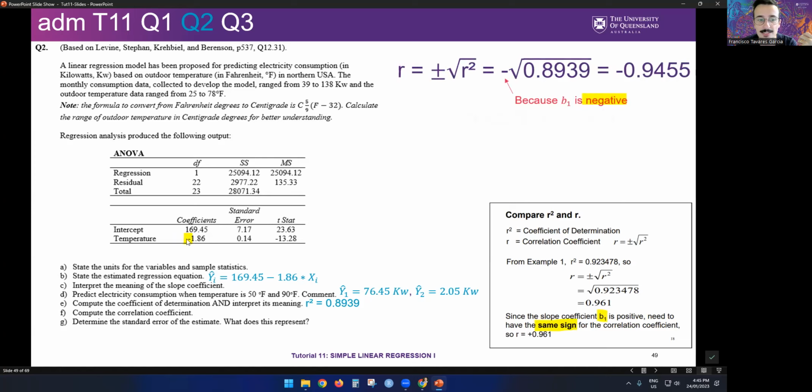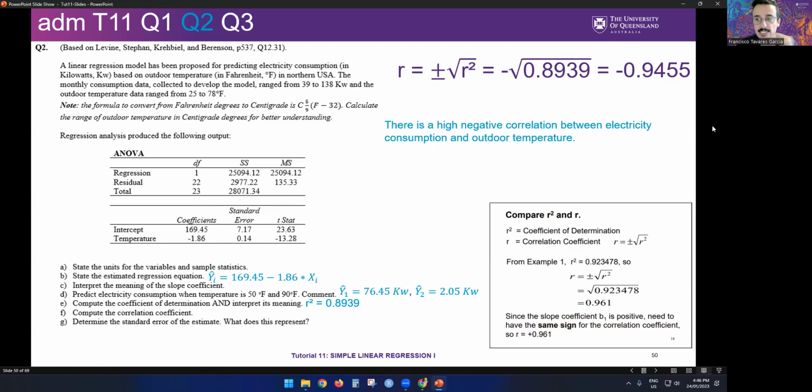But because B1 is negative, you need to add this little negative there. And our correlation is -0.9455. Okay. That's it. That's the correlation. It's a negative correlation. It's almost linearly correlated, like almost 1-to-1, but it's negative. Yeah, there is a high negative correlation between electricity consumption and outdoor temperature, at least for our sample.